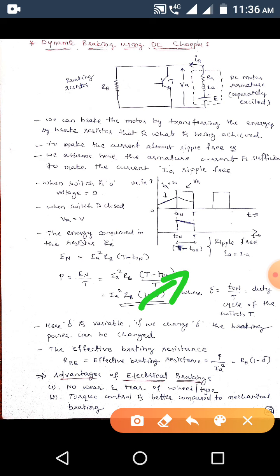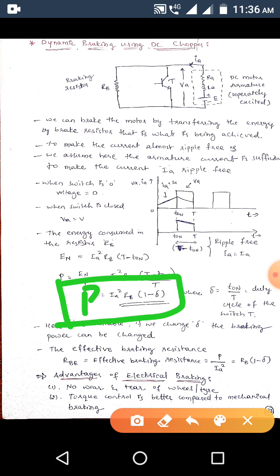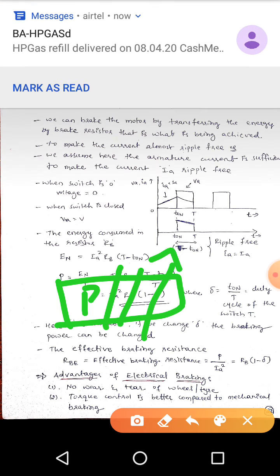If we change delta, then the power can be changed. If delta is changed, the total power consumed in this equation is changed. If you change any variable, I or R, the power will change according to the current here.